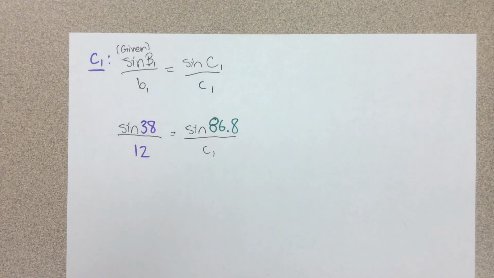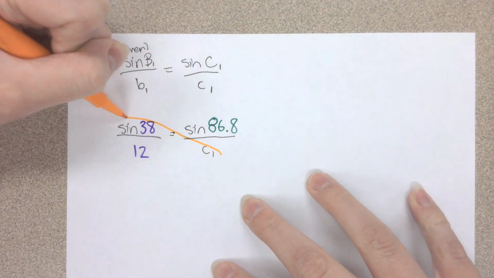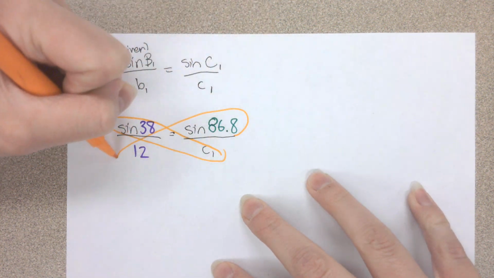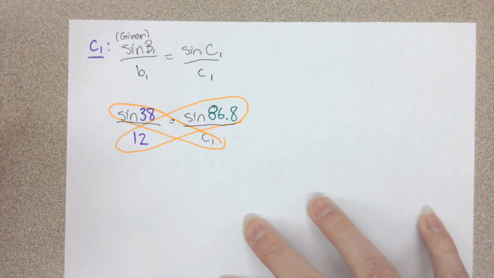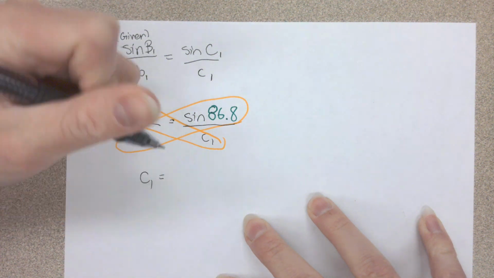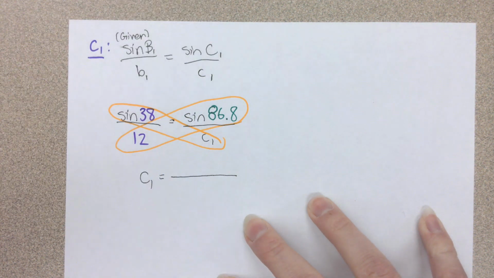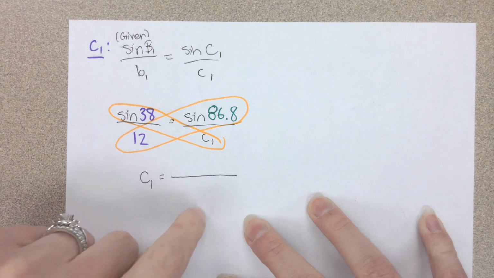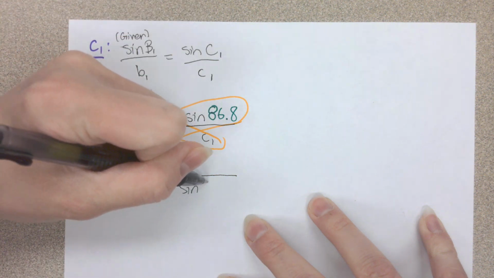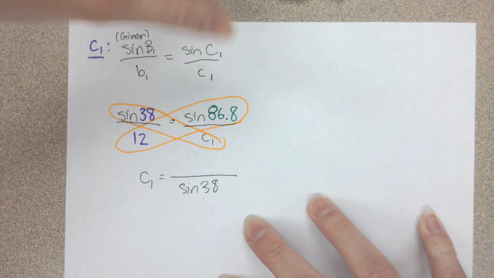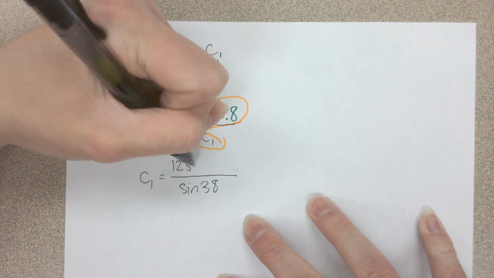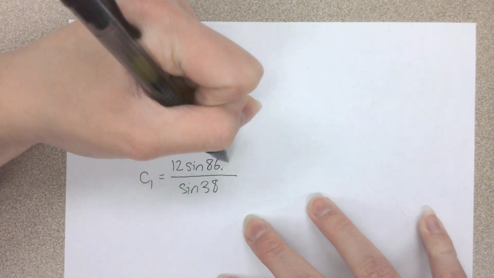And then I'm going to cross multiply. C1 equals, I'm going to set it up. Whatever gets crossed with C goes on bottom, sine of 38. The other two numbers cross on top. 12 sine of 86.8.